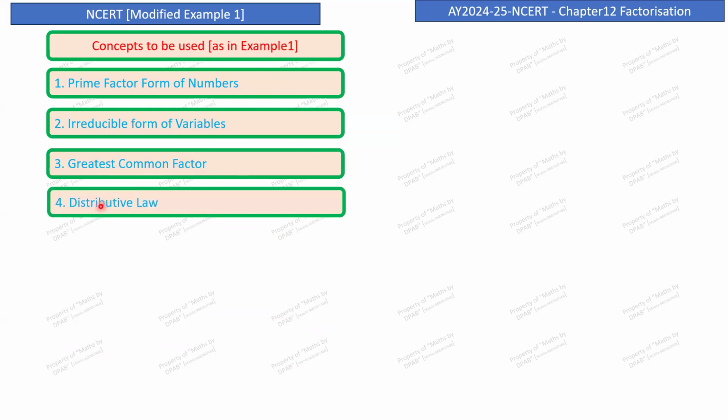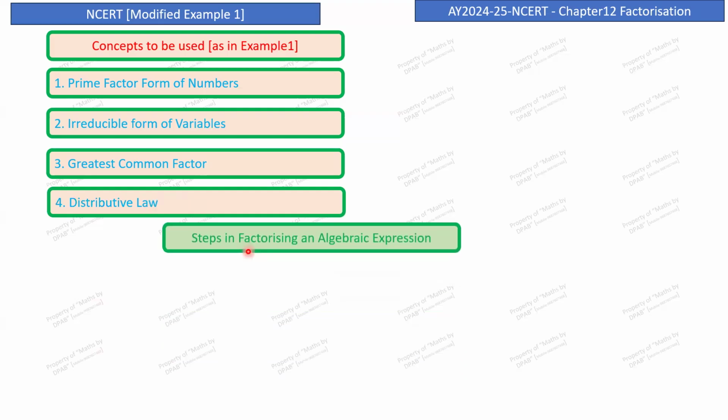And finally, we will be using the distributive law also. What is distributive law? If you do not know, please learn it or recall it from your CBSE 5th or 6th standard book or any other YouTube video or website, and come back here so that you will be able to move fast in this video.